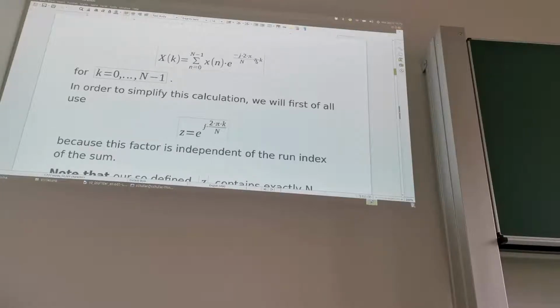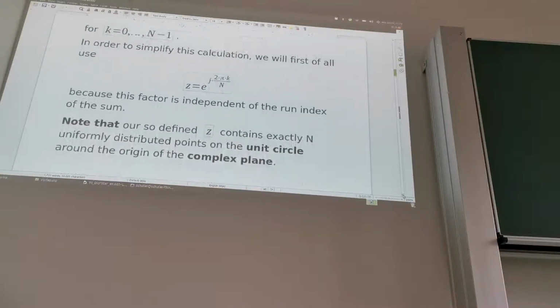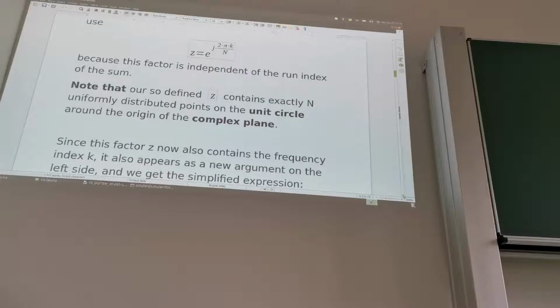So for now, z is just this factor without the minus. That means we have to remember this negative sign at the end, right? They are still there. They are not absorbed by the z. So this is what we have to keep in mind. We absorbed everything except for the sign and the n.